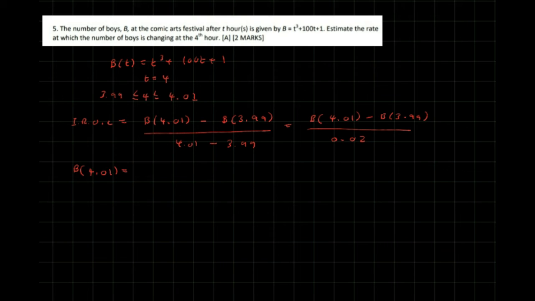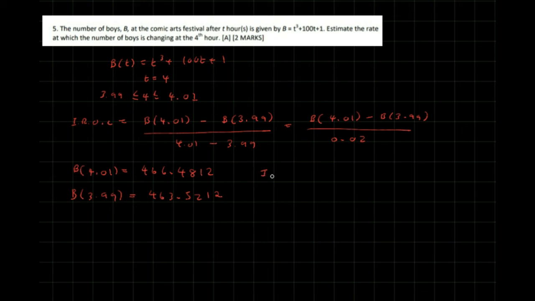So B of 4.01, I'm going to plug this into my original function, and that gives me 466.4812. I'm going to use 4 decimals. And B of 3.99 is equal to 463.5212.